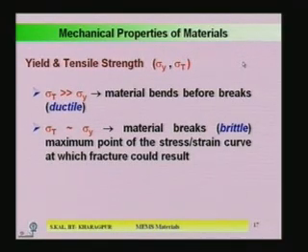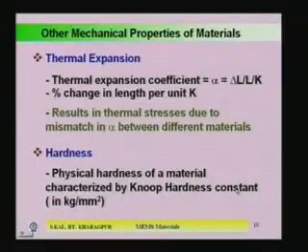Okay. So, these are the mechanical properties which you should know before going for the design of any micromechanical structures. Other mechanical properties are also important when you design any MEMS devices. These are thermal expansion and hardness.